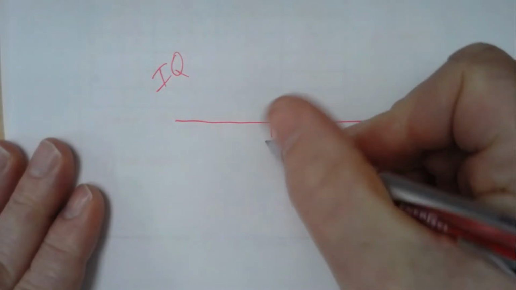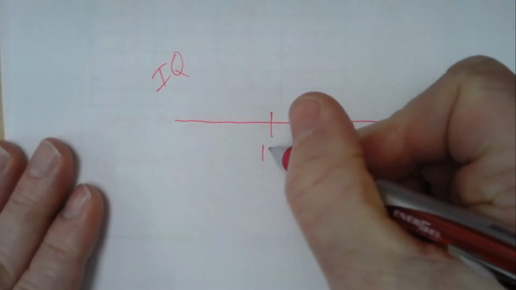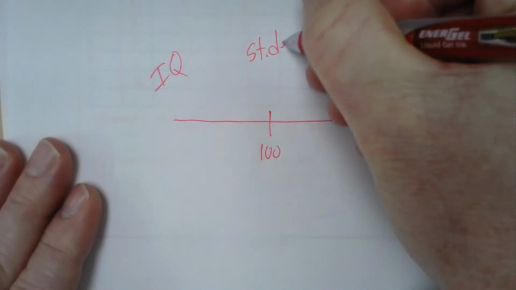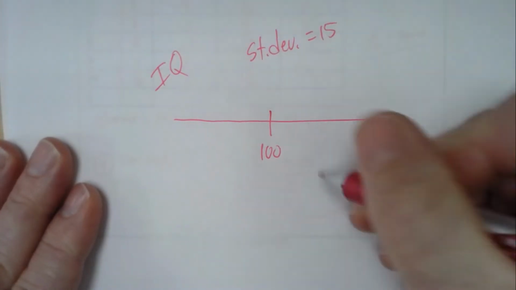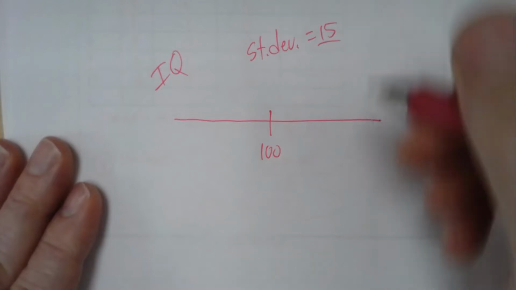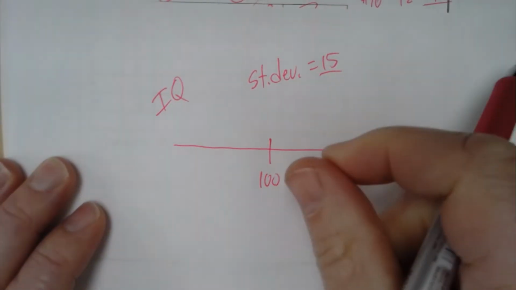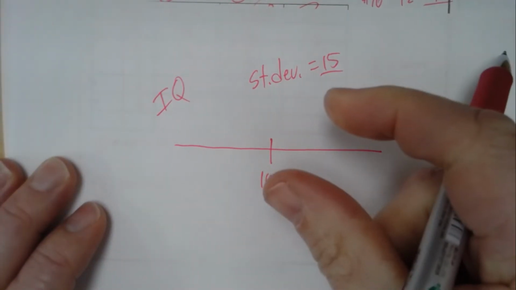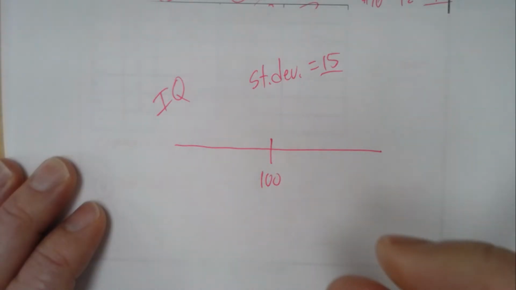So let's say this is an IQ example. The average IQ is 100 with a standard deviation of 15. Standard deviation tells you how big something is, like we know an inch is about this big. It tells you how far a distance is.